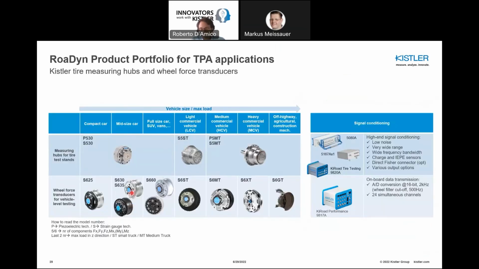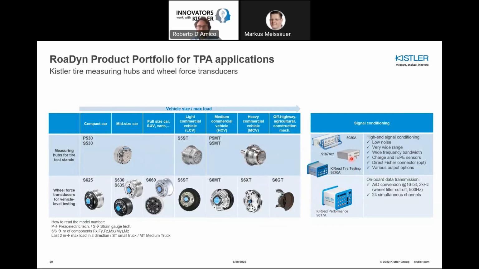And here there is an overview of the products that we offer with respect to wheel force measurement. On the top, you see that we have the measuring hubs for tire test stands. Depending on the vehicle size, you have multiple of them, and you can choose depending on the maximum load you want to apply to the sensor. The signal that comes out of these sensors gets conditioned by either the charge amplifier or, for example, the KiRoad tire testing.